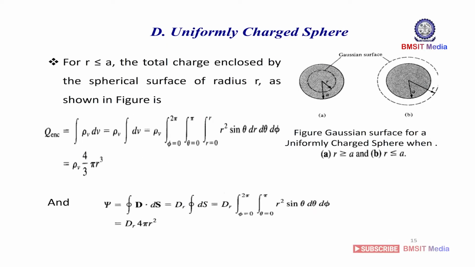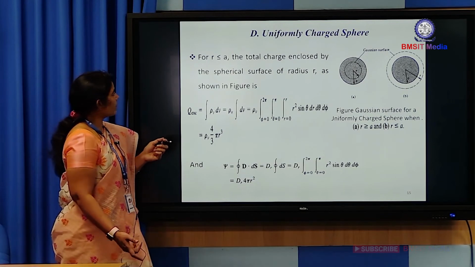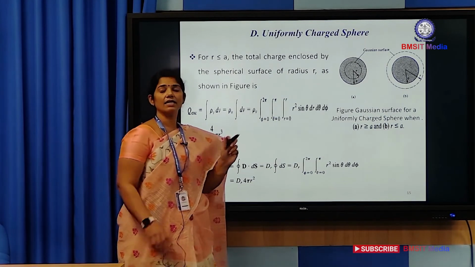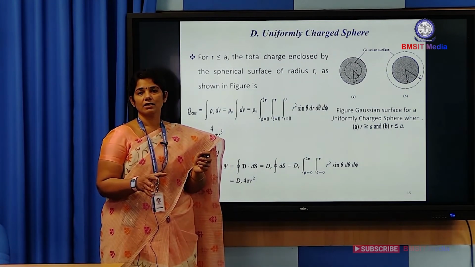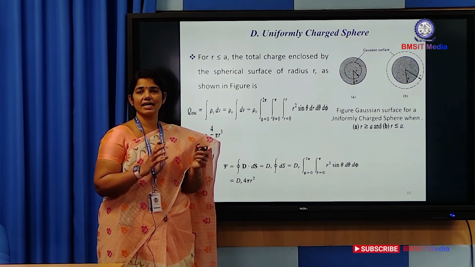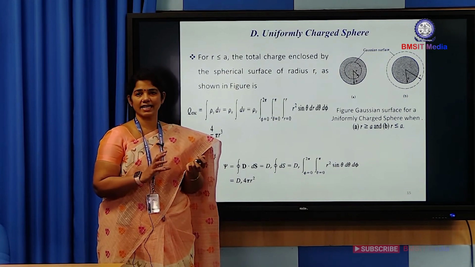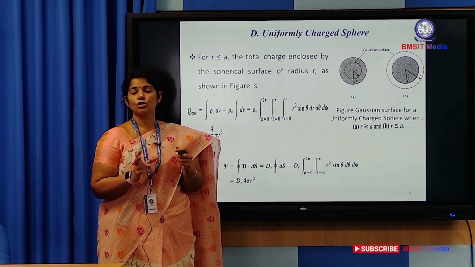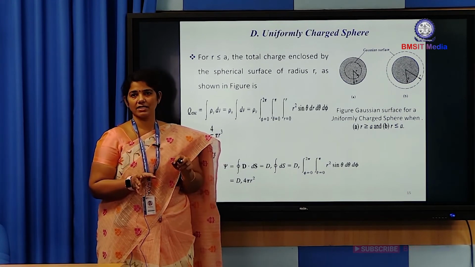So look at how to apply Gauss law. When you are going to apply the Gauss law, you should take separately r less than or equal to A and r greater than or equal to A. So two cases you have to take separately.